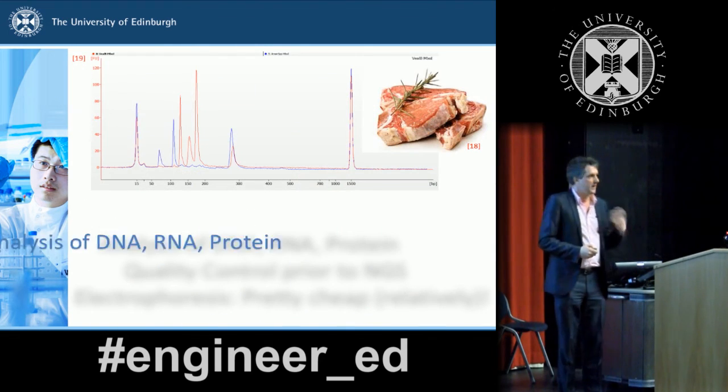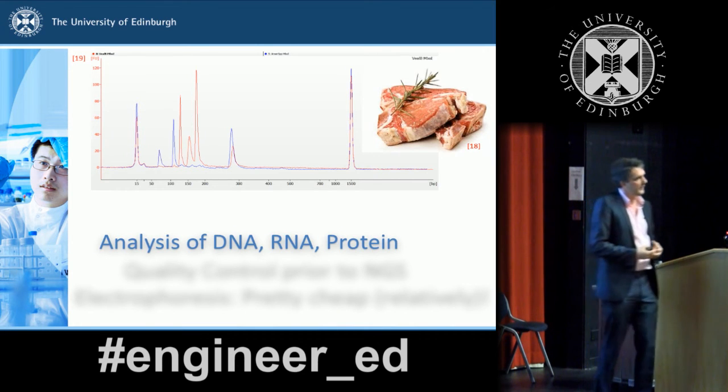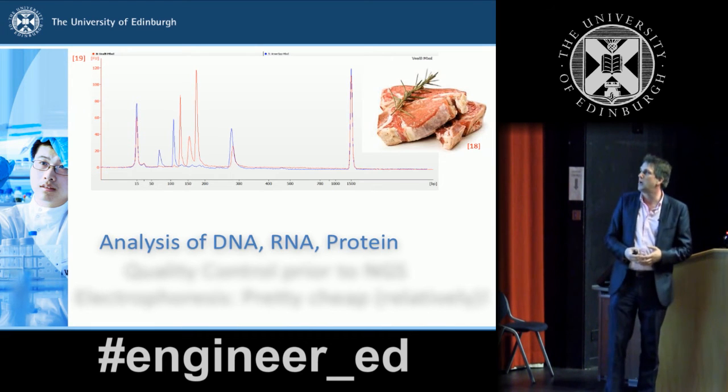So what are the applications of gel electrophoresis? Well, you can either use it as a tool on its own, so you can use it for analysing proteins or RNA.